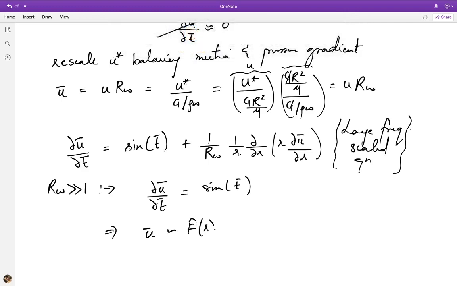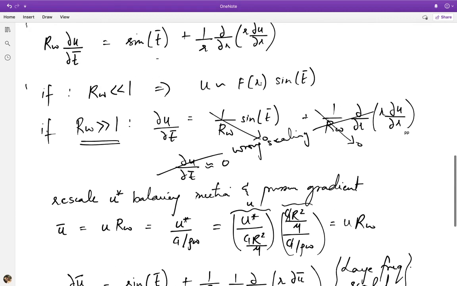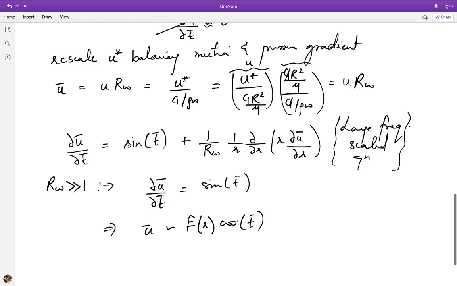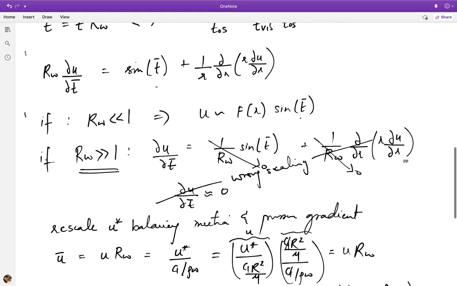Some other function of r different from what I had in the case of the quasi-static behavior, but this time cos t bar, right? Because it's the derivative of u sine t, so the solution should be cosine t. So you can see now that in the high frequency limit I am out of phase with the driving pressure gradient in contrast to the behavior in the low frequency limit.